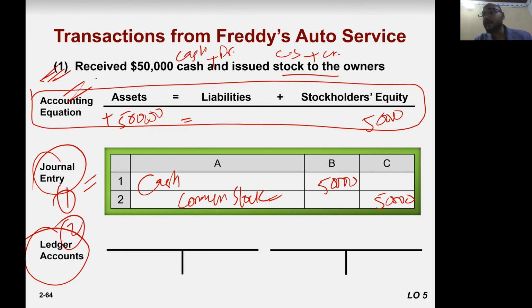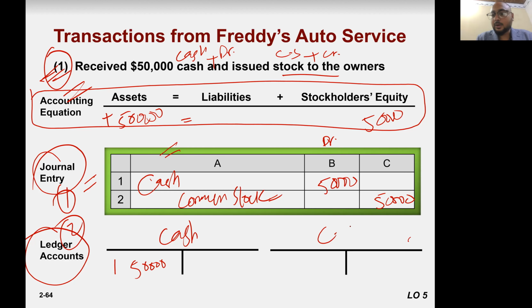And what do we mean by posting? Posting means we are transferring these accounts into their books. So this is the book, cash book or cash ledger or cash T account. 1 April, 50,000 debited. This is the debit side, and this is credit.